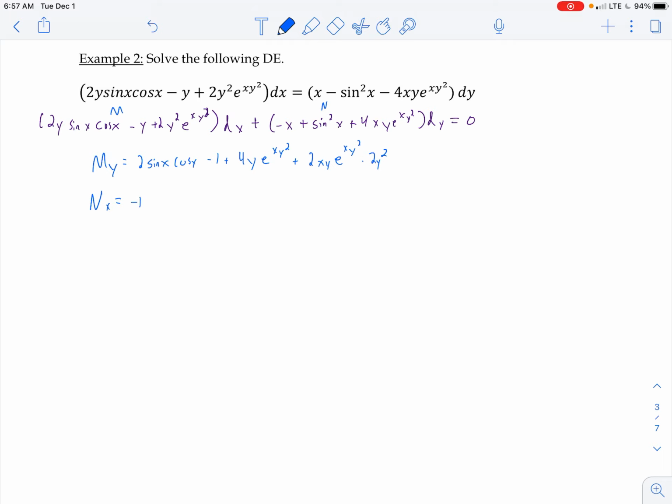So minus 1, the derivative of sine squared x is going to be plus 2 sine x cosine x, plus another product rule, the derivative of 4xy is just going to be 4y e to the xy squared, and then plus the derivative of e to the xy squared is just going to be y squared e to the xy squared times 4xy.